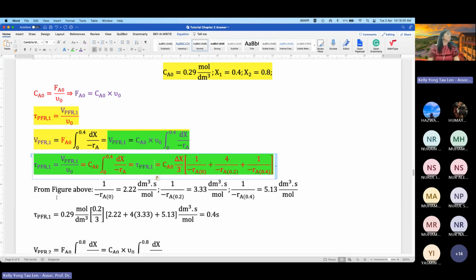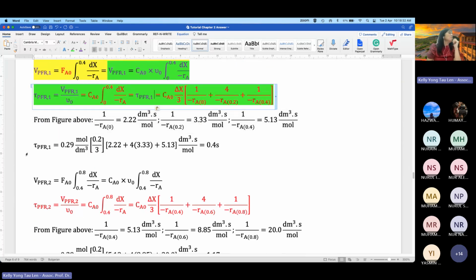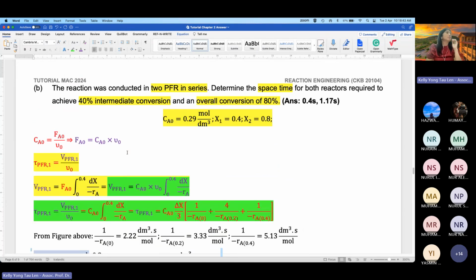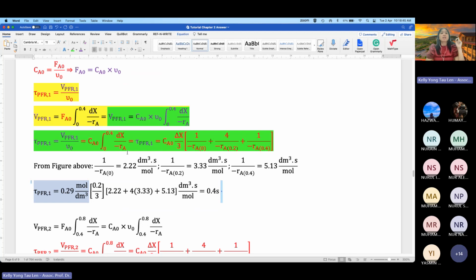Okay, so you solve it as usual. The space-time for PFR 1 equals CA naught, 0.29, times the integral. The integral is from 0 to 0.4, where X1 is 0.4. The first reactor is integrating from 0 to 0.4.